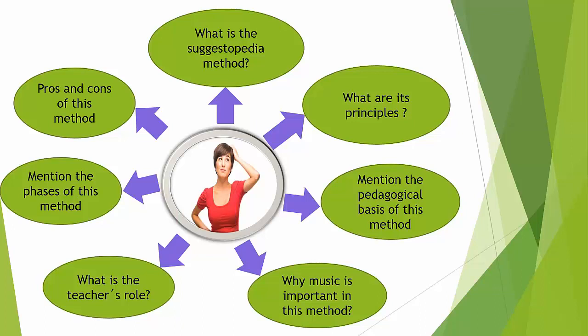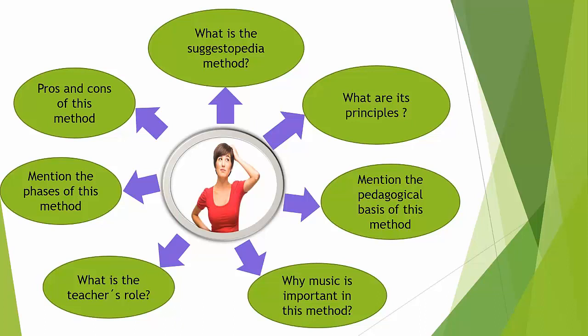Okay, why is music very important in this method? Well, music is very important in this method because music is going to function as an integrator, as a brain integrator.